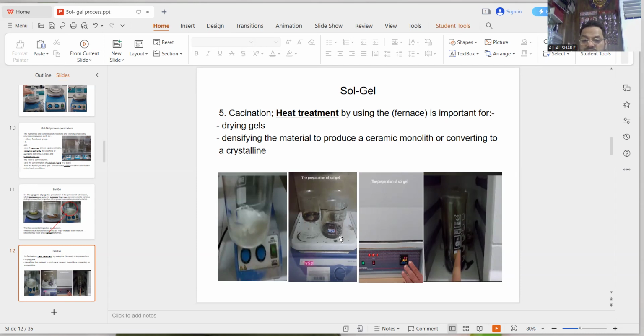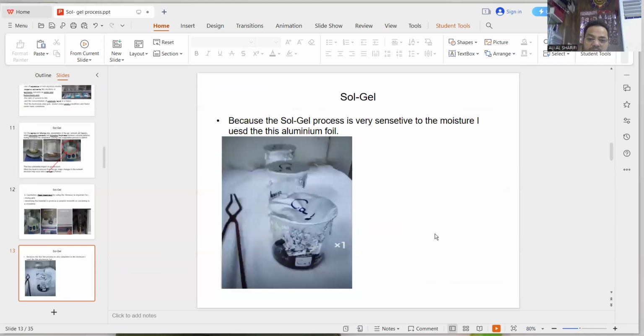The temperature will be 600 Celsius and the last product will be like that, just like carbon, without any solvents, without any agents.